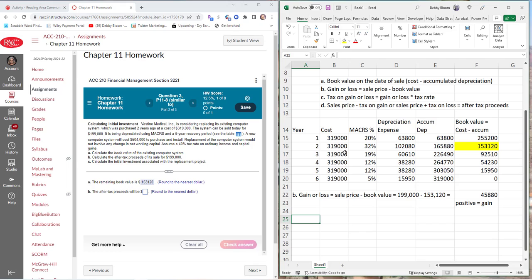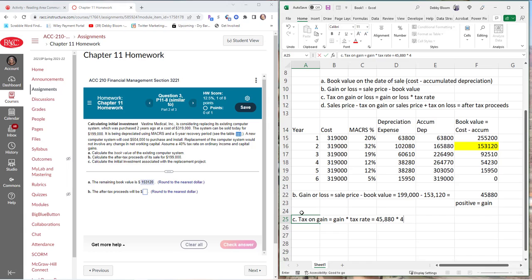So now that we know we have a gain, we don't have to do the loss. All we're going to do is calculate the tax on the gain. So in part C, the tax on the gain is the amount of the gain multiplied by the tax rate. In this case, I've calculated my gain as $45,880.